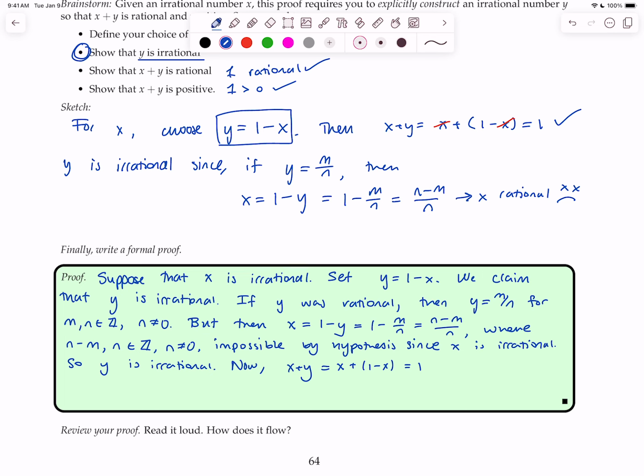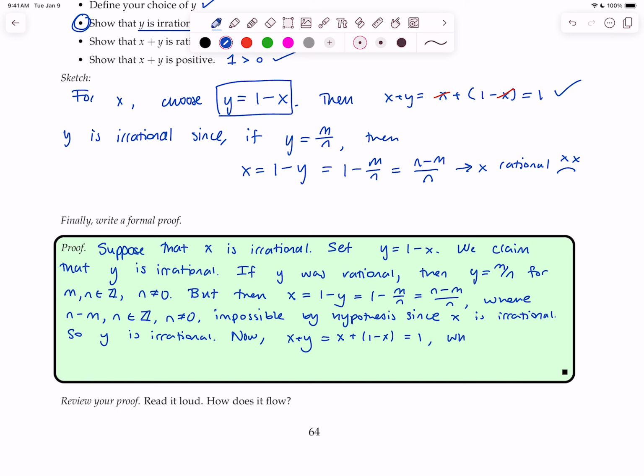So we have x plus y equals 1, which is indeed rational and positive. Done. We found a y, we checked it was irrational, then we showed that the sum of x plus y was indeed rational and positive. So I think we're pretty good.